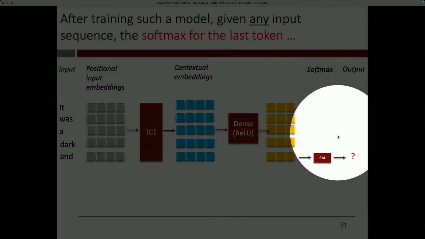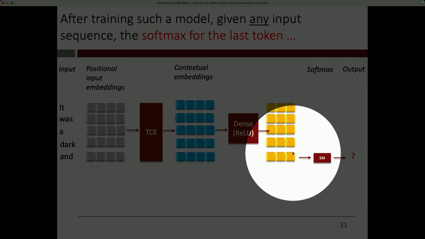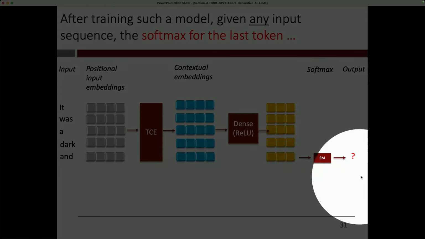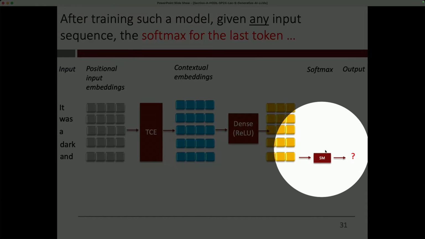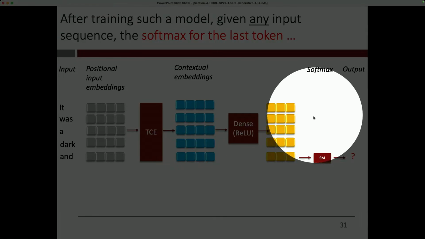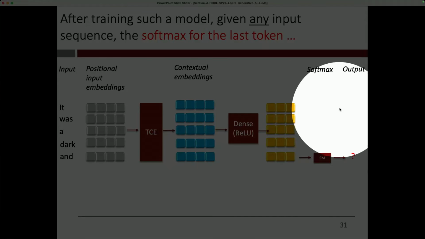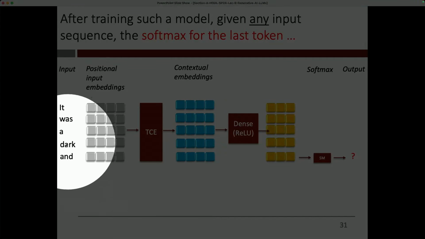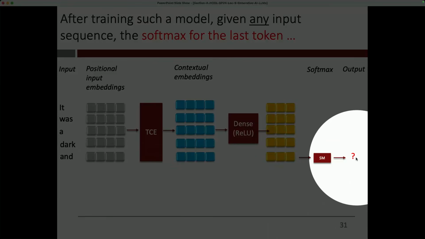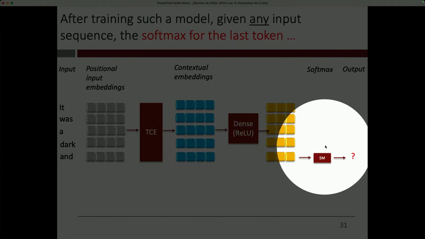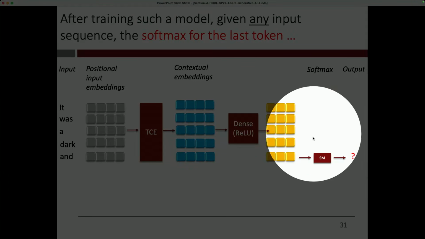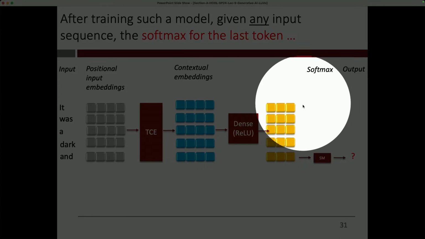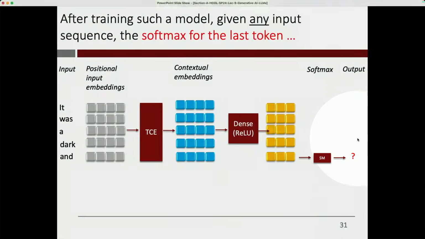What we're really curious about is the next thing it's going to say, and that is going to be what's coming out of this softmax. Does that make sense? We don't care about anything that went before it, because we already have a half-formed sentence and we just want to find the next thing here. These other outputs will come out of the architecture of the model, but we throw them out. We don't pay any attention to them. We only look at what's coming out of this one here.